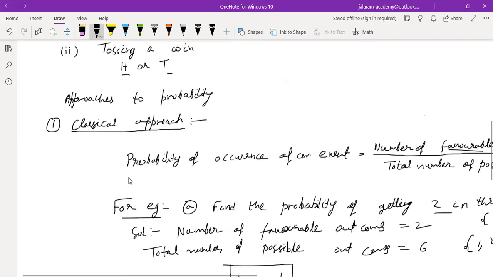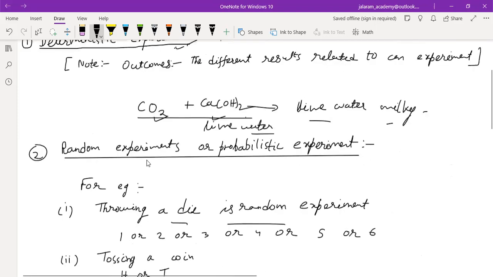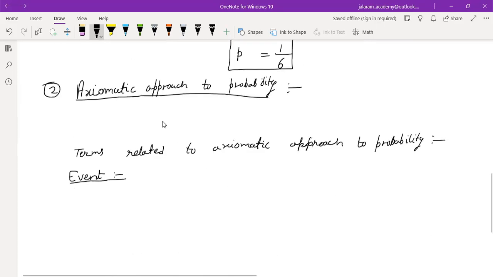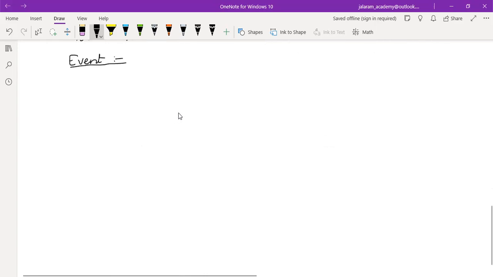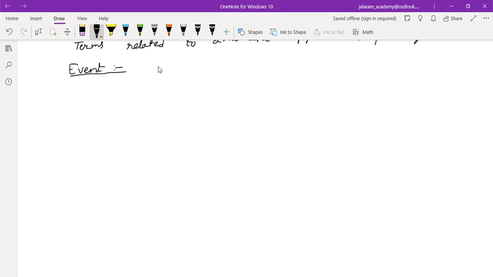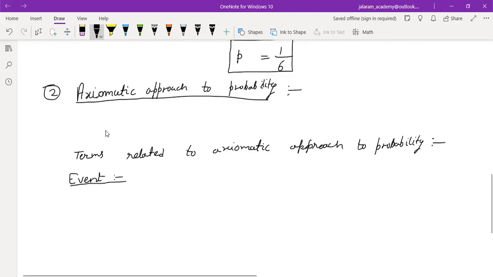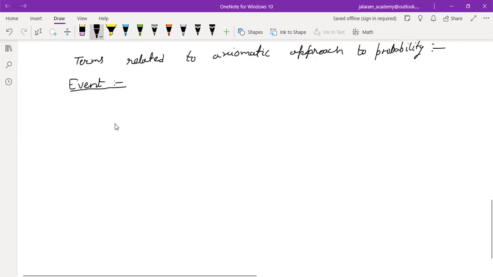So before we study the event, we have studied about the experiments, outcomes. These outcomes are denoted by various types of events. Event means the outcomes in case of axiomatic approach to probability. The various outcomes are denoted by the sets, and these are called events.